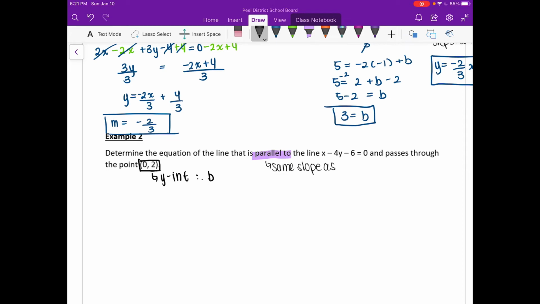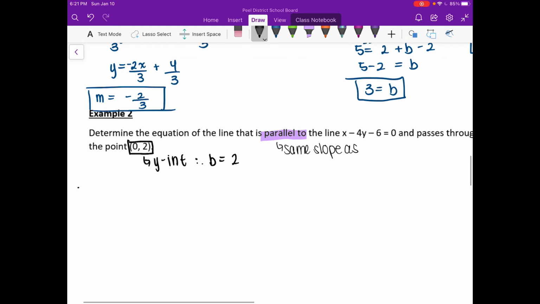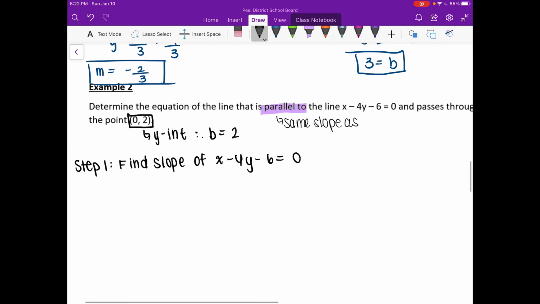Therefore, b equals 2. So let's find the slope of this line. So step 1. How am I going to find the slope? By putting it into y-intercept form.